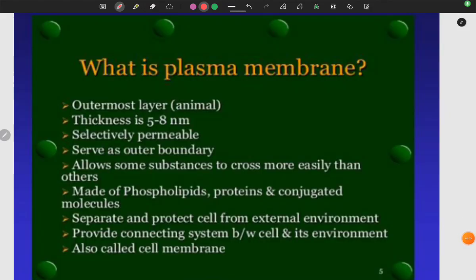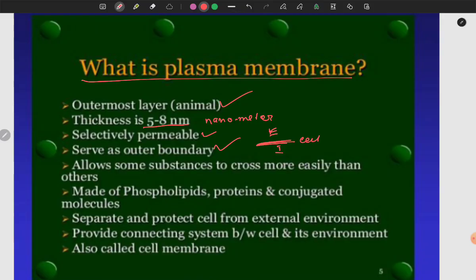So now we will learn a few key points on what the plasma membrane is. We must remember it is the outermost layer in animal cells. Its thickness is 5 to 8 nm, that is nanometers. It is selectively permeable and serves as the outer boundary, as it is the boundary between the external and the internal surface of a cell, allowing some substances to cross more easily than others.